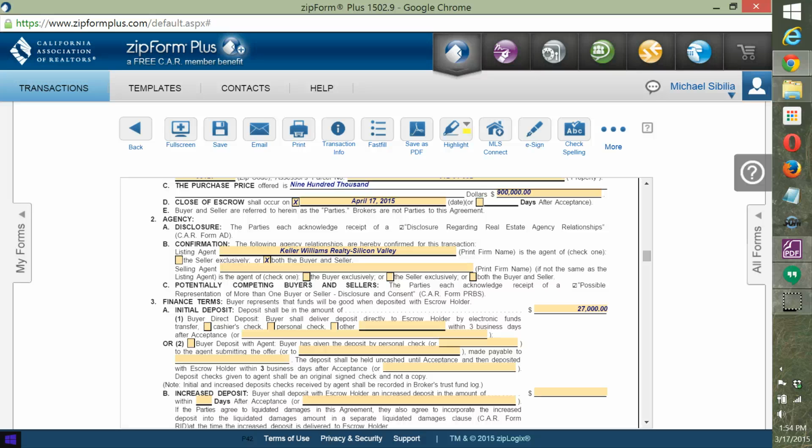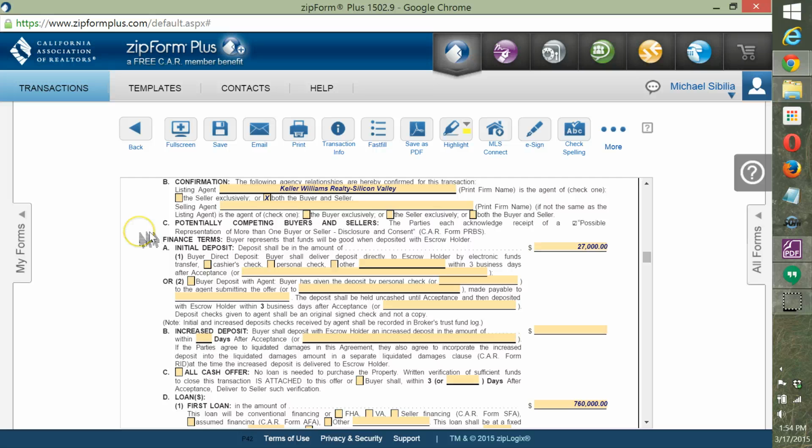And when you do the MLS Connect and the merge, it's going to put in Keller Williams Realty Silicon Valley as the listing, and Keller Williams Realty Silicon Valley as the selling. You could delete stuff, but it's easier to just check that second box and go on with your life. Anyhow, this is not a big deal.